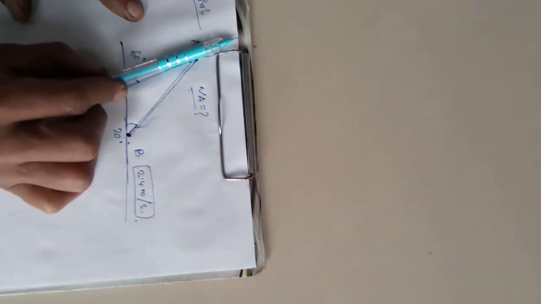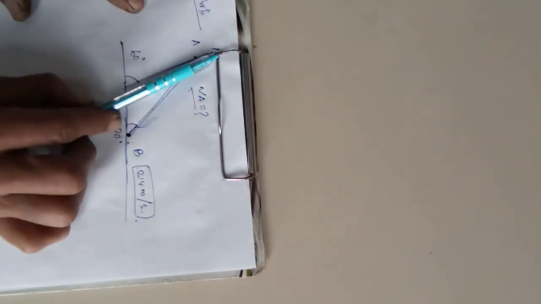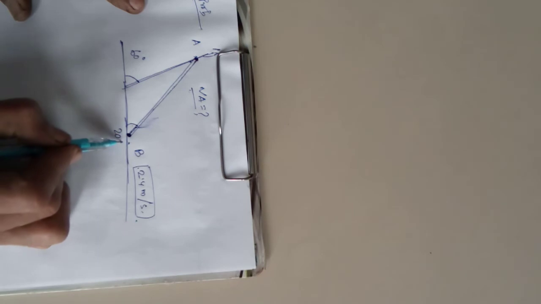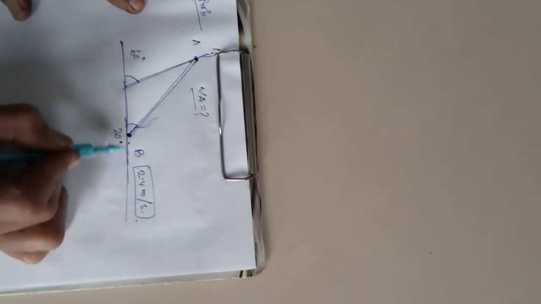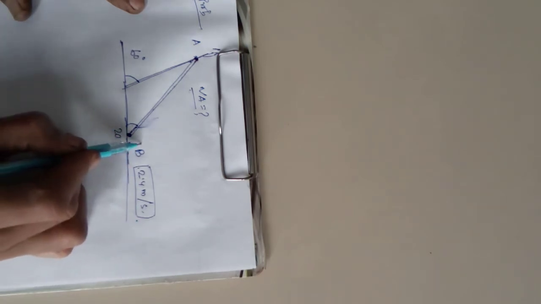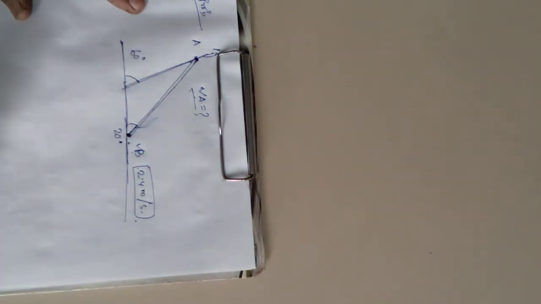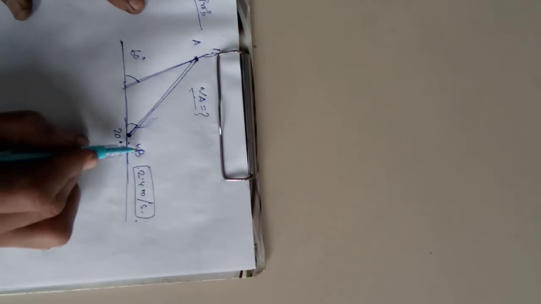This wall is at a 60 degree angle with the horizontal axis, and the rod at point B is at 20 degrees with the horizontal plane. So VB is given, we have to find out VA.